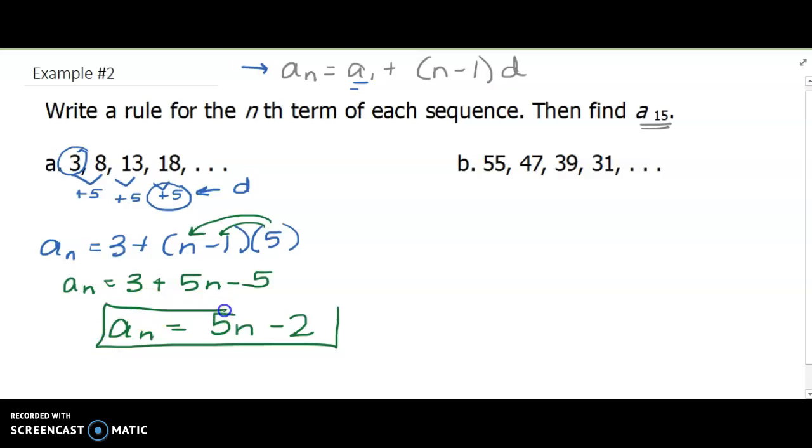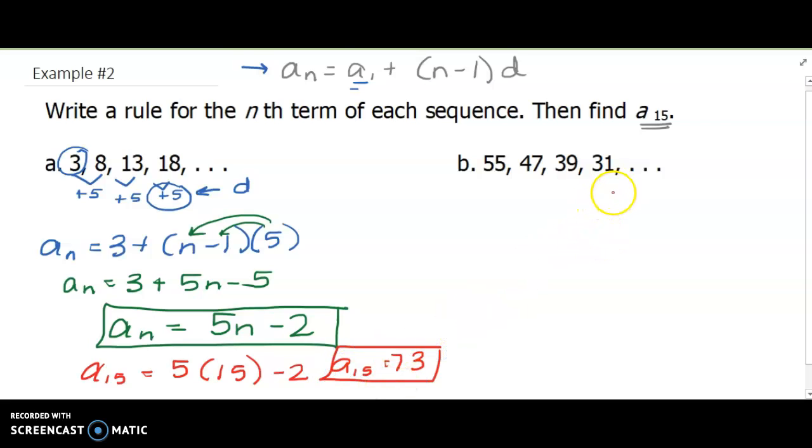Here is my rule for this arithmetic sequence. Now that I have my rule, I want to find a sub 15. I can do that by simply plugging 15 in for n. So this is 5 times 15 minus 2, and if I plug that into my calculator, I get a sub 15 equals 73.